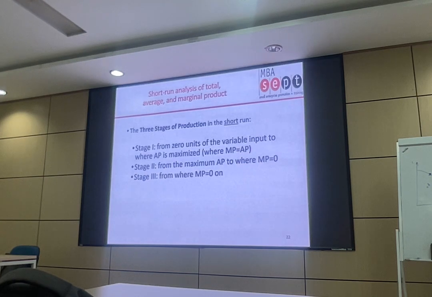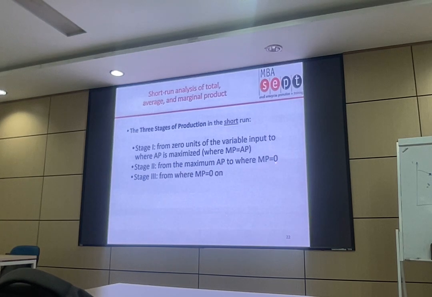So you see the first part of the line is the range where the average product increases. Stage 2 is from the maximum average product to where marginal product equals 0. And stage 3 is from where marginal product equals 0 onward.